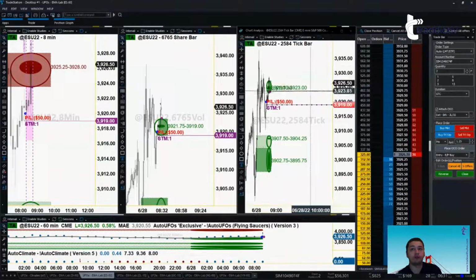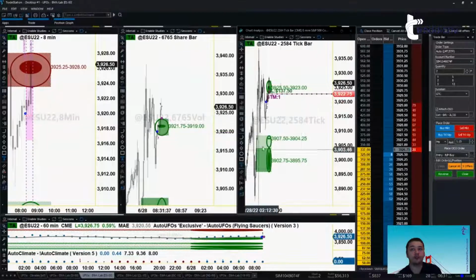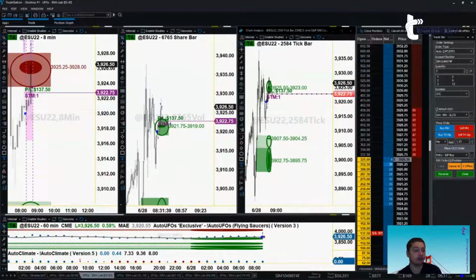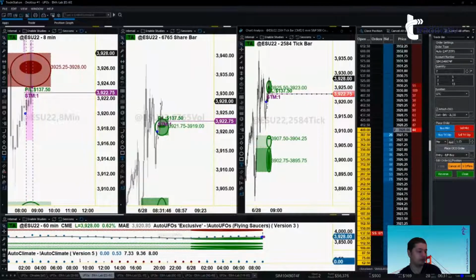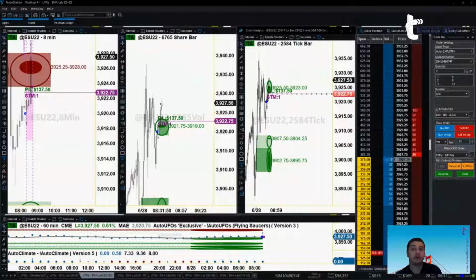New UFO formed at 2275. Let's move our stop there. Okay.